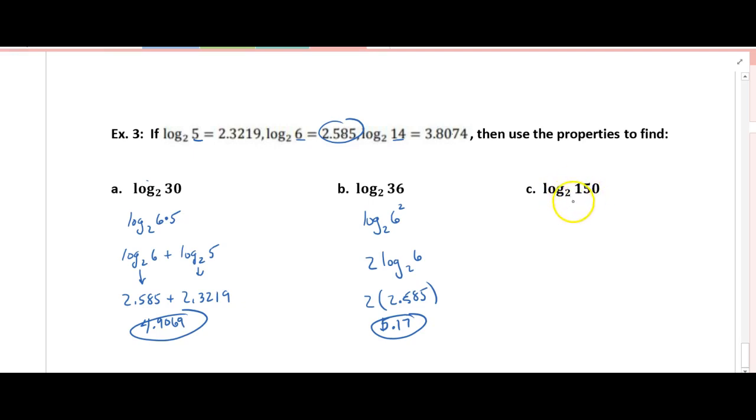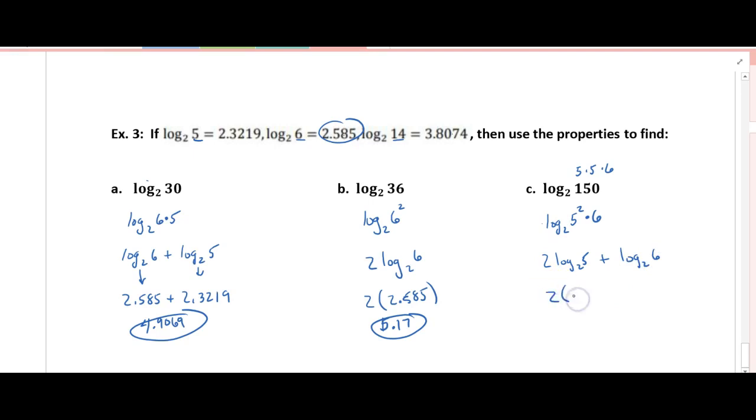Now the last one here, right? Log base 2 of 150. Now 150 is 5 times 5 times 6, right? Because 25 times 6 is 150. So this is actually 5 squared times 6. So I'm going to break this up into 2 log base 2 of 5, because I'm bringing that out in front, plus log base 2 of 6.